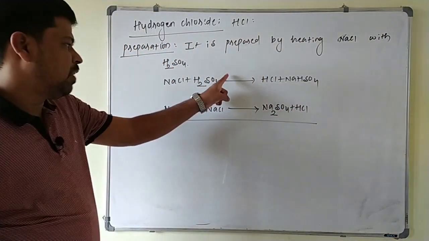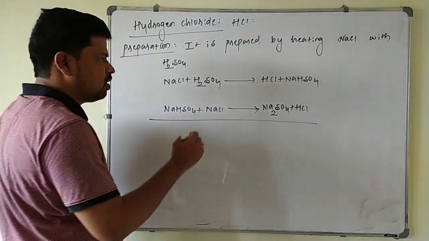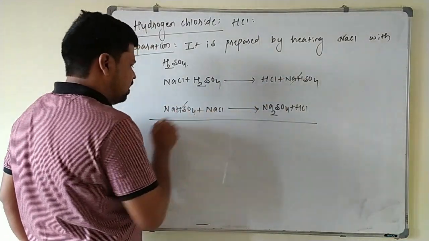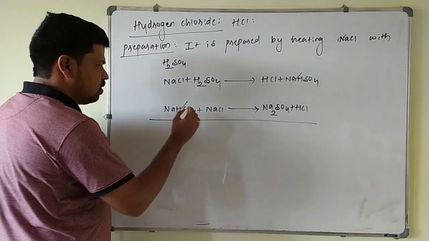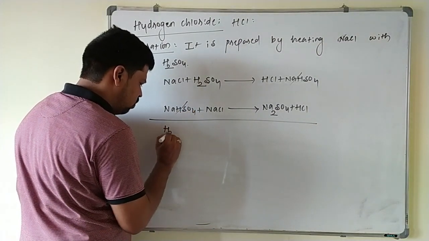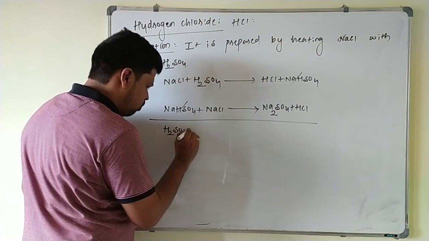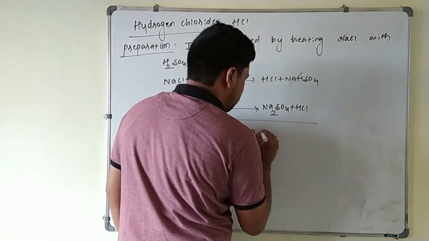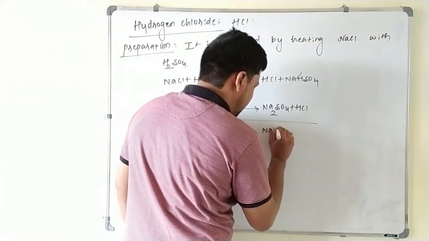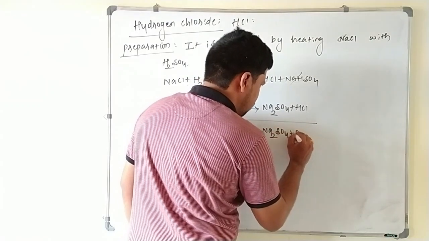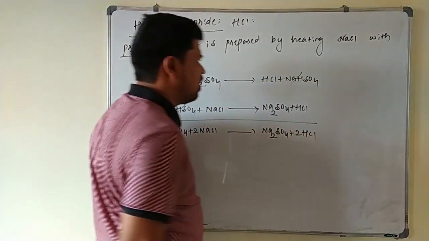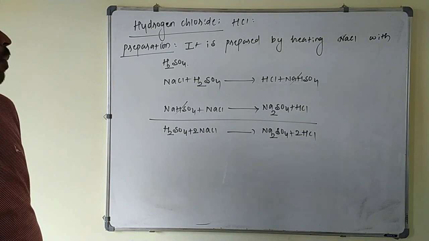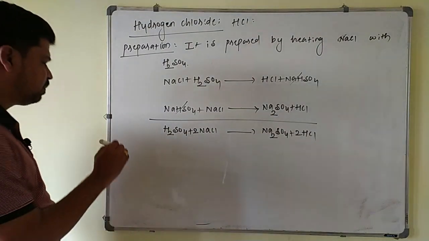So this is single step reaction and this is complete reaction. Here these two get cancelled, so that H2SO4 reacts with 2 moles of NaCl, giving sodium sulfate plus 2 moles of HCl. So this is the preparation of HCl.